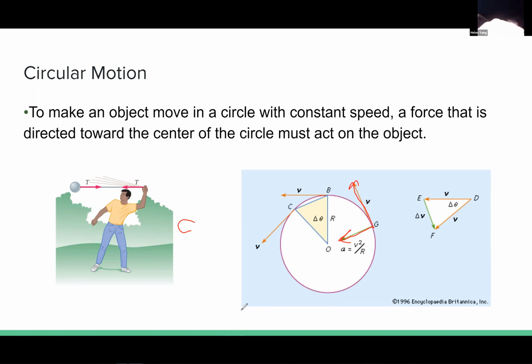So the important thing about this is you realize that the centripetal acceleration would be equal to the velocity squared over the radius.